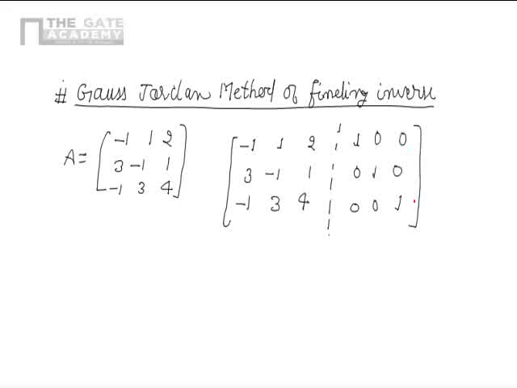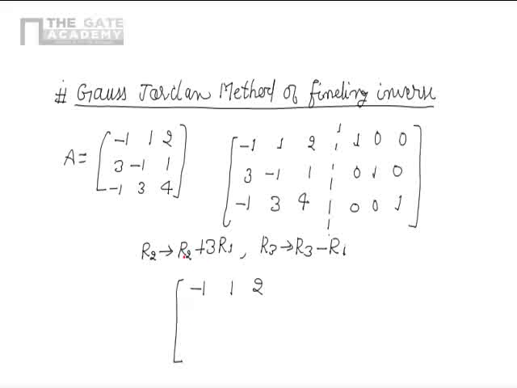So let us start. As a first operation, I am applying R2 plus 3R1 in R2, in order to make this 0. At the same time I can apply R3 minus R1 in R3. If I apply these elementary operations here, I will get -1, 1, 2. There is no change in the first row.